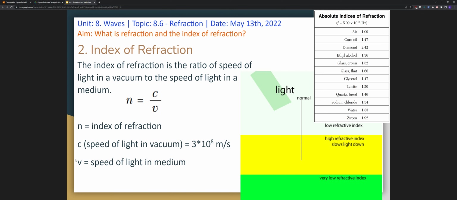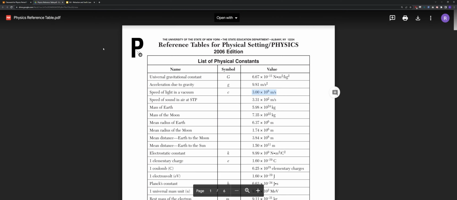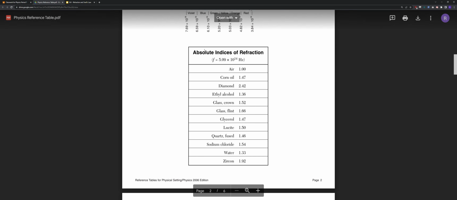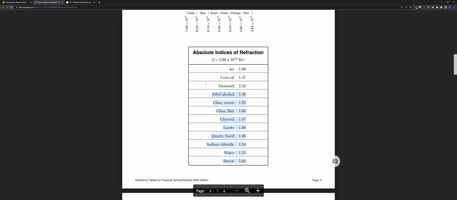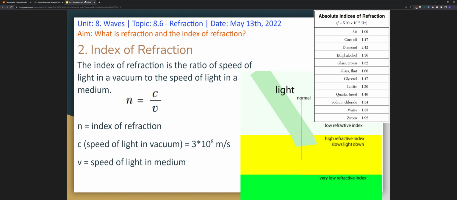And v is the speed of light in a particular medium. On the second page of your reference table, you'll see the absolute indices of refraction. They're all listed here for you. So that essentially already gives you the ratio at which light travels in these mediums.